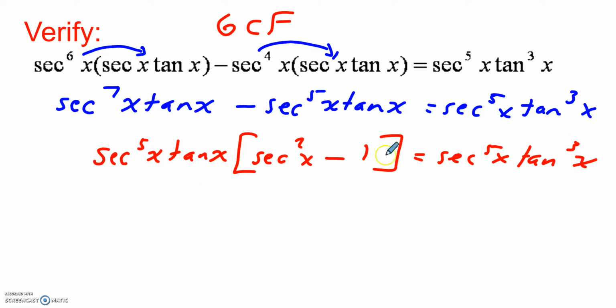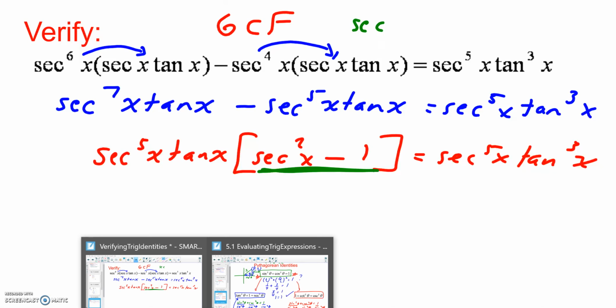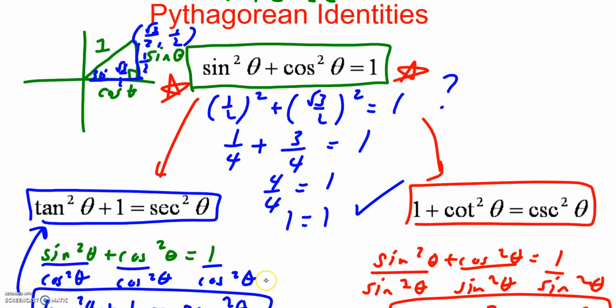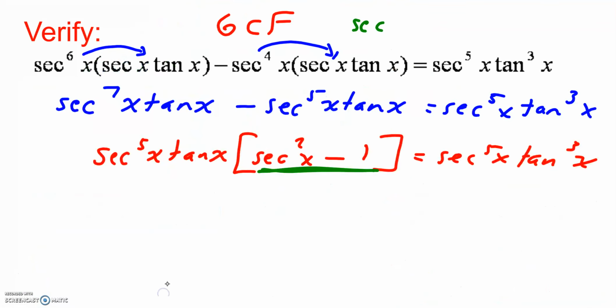All right, let's see if there's anything else I can do with this side. I notice that I have a squared function here, and that squared secant makes me think of the Pythagorean identities. So let me go back to the first notes that we did. Here is a secant squared. I know that tangent squared theta plus 1 equals secant squared theta. So let me write that back over here on the top.